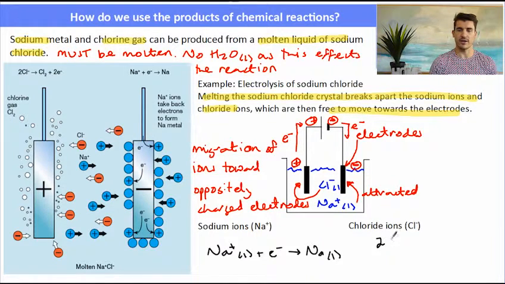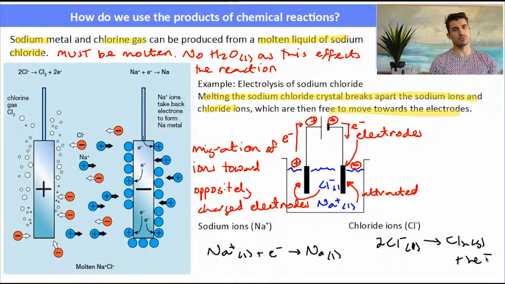And our chloride ions turn from an ion into chlorine gas. So we just need to balance that correctly: 2Cl- goes to Cl2 gas plus 2 electrons. So this is the production of sodium metal, a very reactive metal, from electrolysis of a molten salt. The ions migrate towards the oppositely charged electrodes, and then the reaction occurs there.